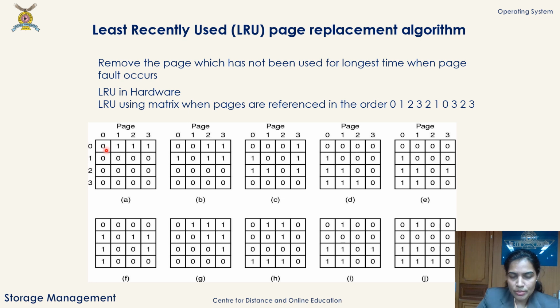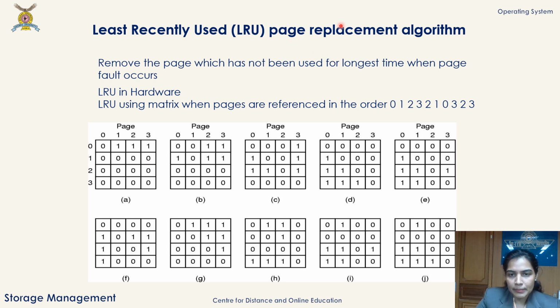So it is giving the value 0, 1, 1, 1. When page 1 is referenced, we set all the bits in the row to 1 and all the bits in the column to 0. So we can see here 0, 0, 1, 1 the value of the first page and 1, 0, 1, 1 the value of page number 1.